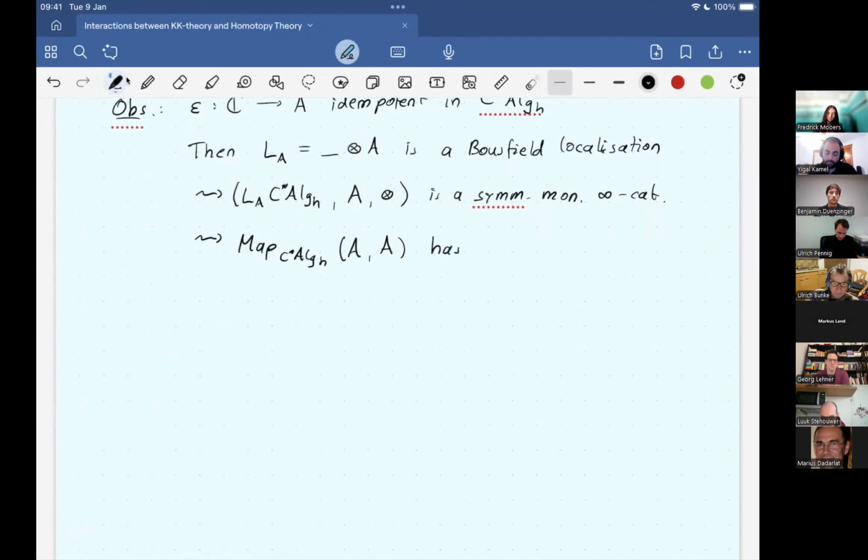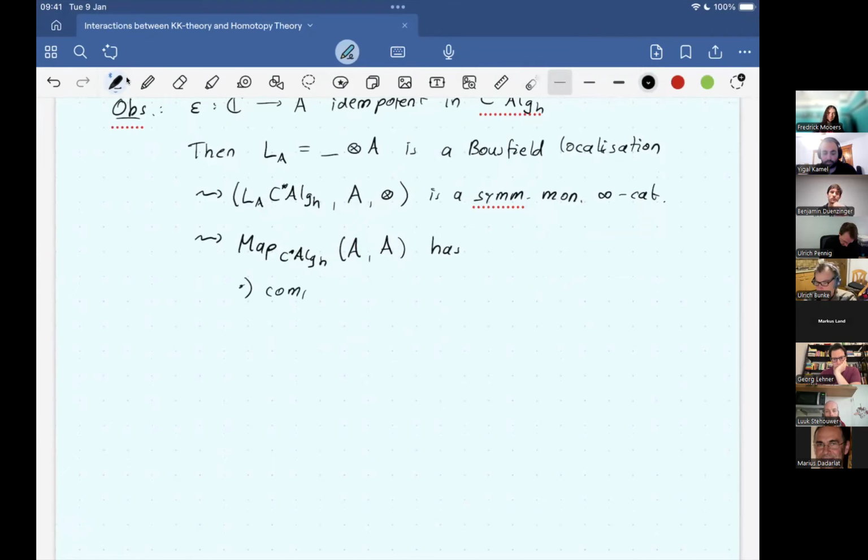I can compose these endomorphisms. That's one structure, and a priori this is just associative, there's nothing else to expect. But because it lives in here, it also has a tensor product structure, and the tensor product is of course commutative.